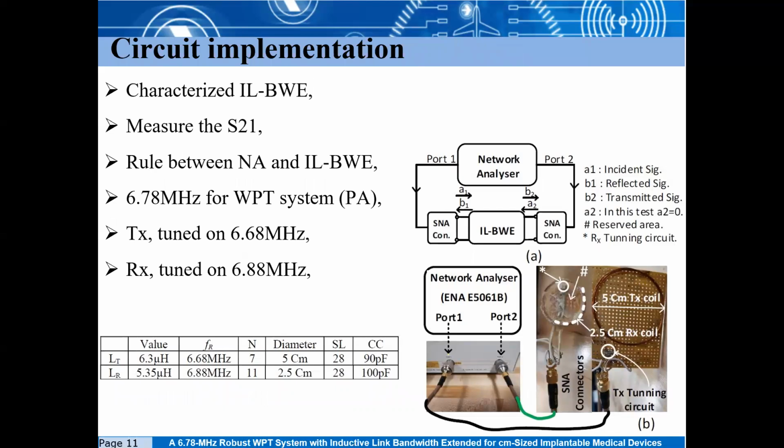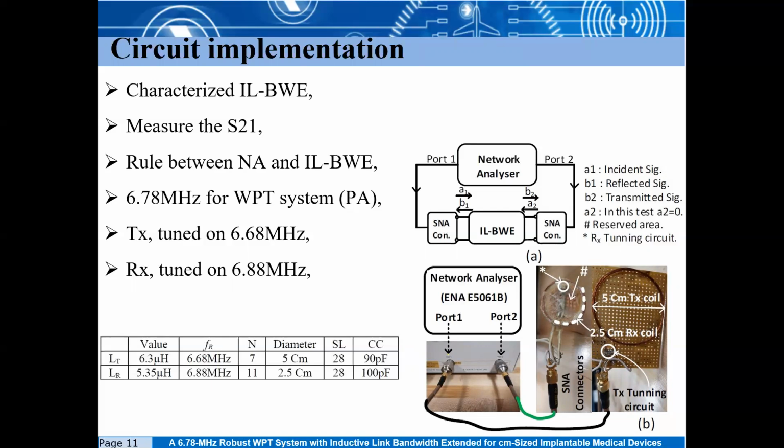This figure illustrates how the inductive link bandwidth extended is characterized by a network analyzer. The TX port is connected to port 1 by an SMA connector, and similarly, the RX port is connected to port 2 to measure the transmission coefficient of the designed ILBWE.